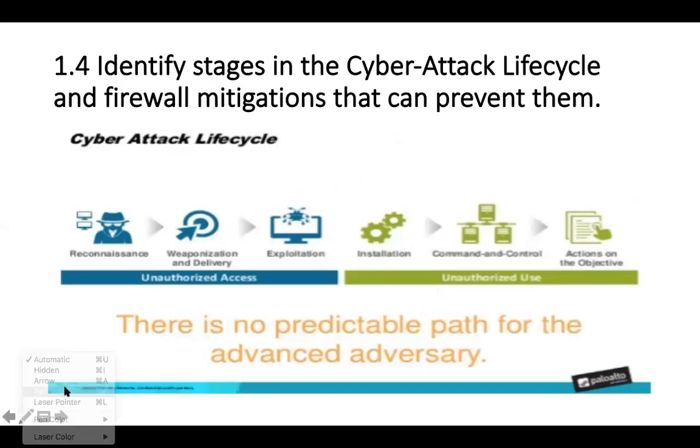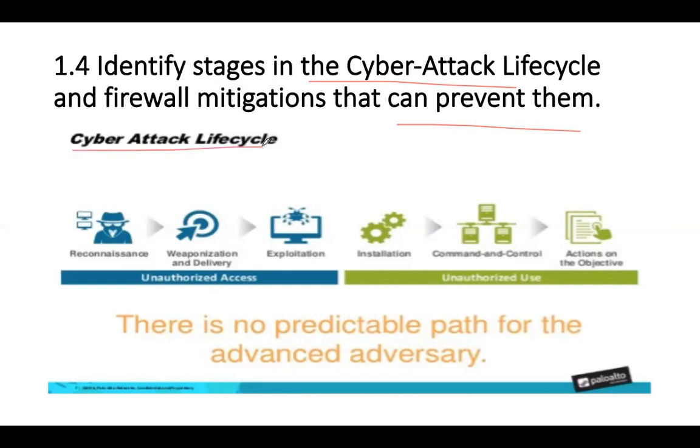The next one is to identify stages in the cyber attack life cycle and the firewall mitigations that can prevent them. So when we say cyber attack life cycle, how does it basically happen? In order to attack, you first have to have unauthorized access.